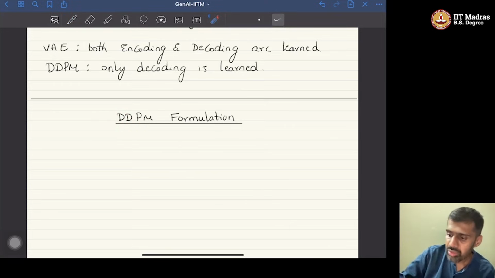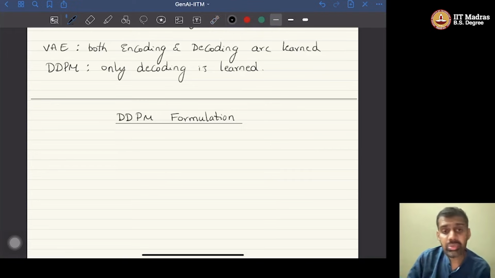Now, just to be consistent with the notations in all the existing literature, I will make a switch in the notation. We have been using X to denote the data variable so far, and we have been using the alphabet Z to denote the latent spaces.